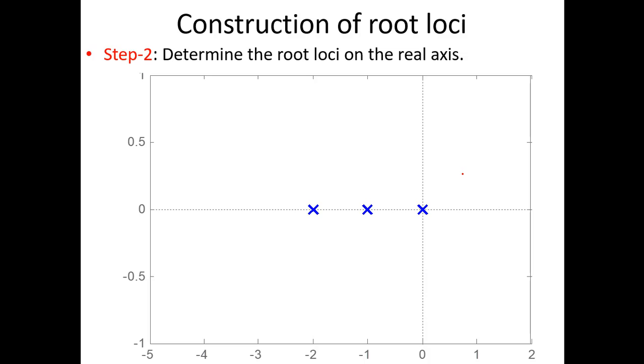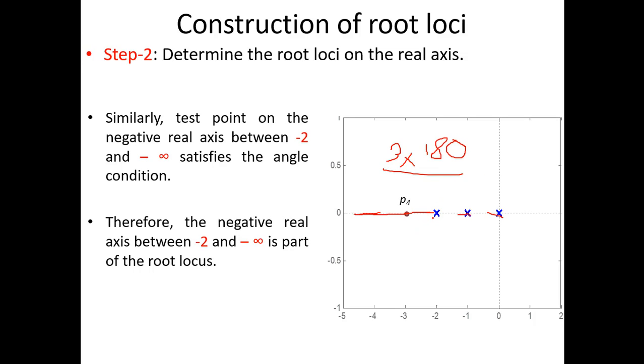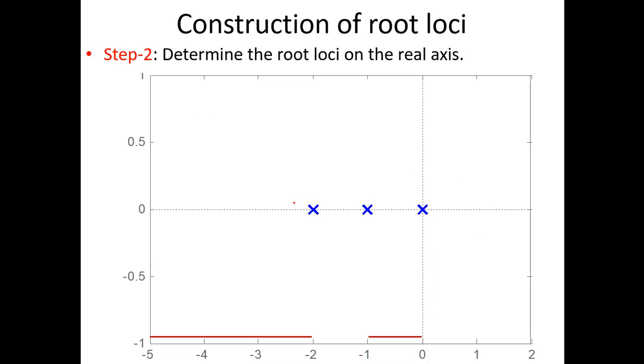If you take the sum of all of these angles, s plus 2, s plus 1, and s, it turns out to be 3 times 180, that is 540, and this means that this is an odd multiple of 180. Therefore the negative real axis from -2 up to -infinity will be a part of the root locus.